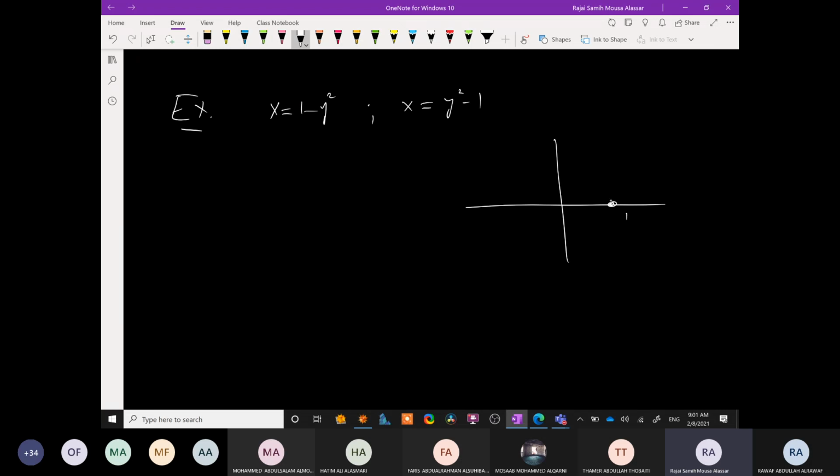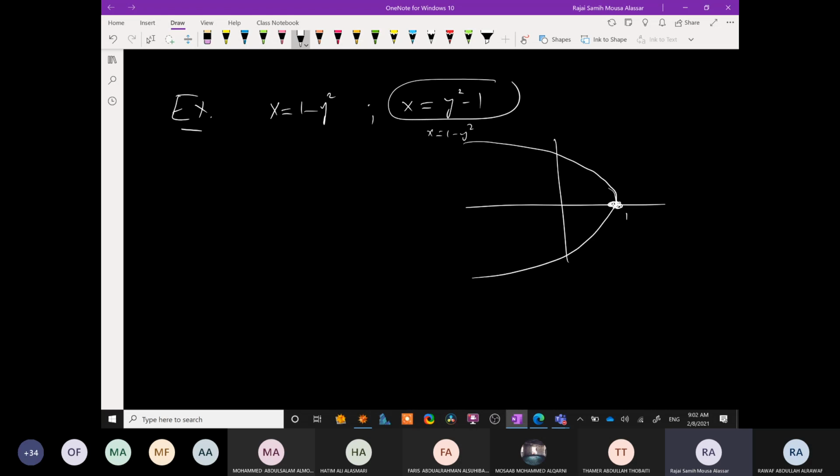And how does it go? To the left. Yeah, that's it. So this is 1, right? So this is x equals 1 minus y squared.